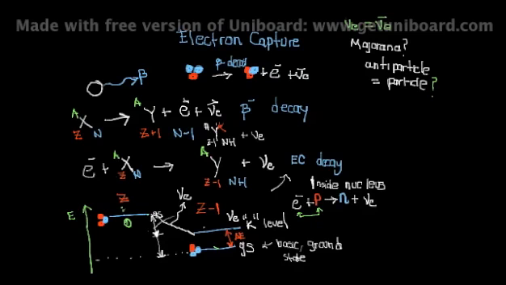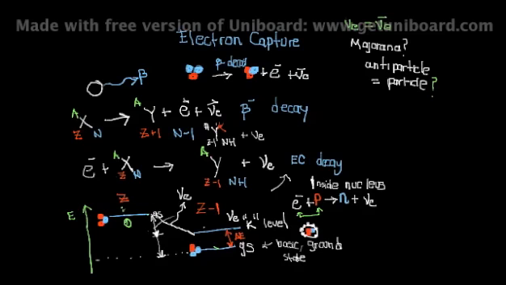For example, if we have this nucleus with two protons and one neutron, and around it there are some electrons, this is the atomic case.